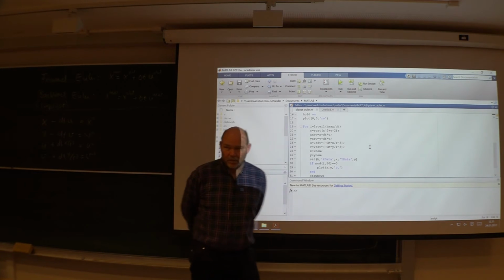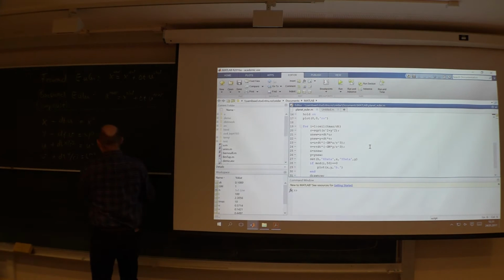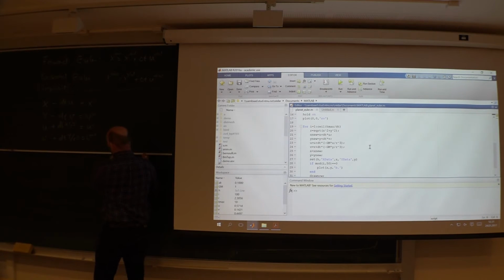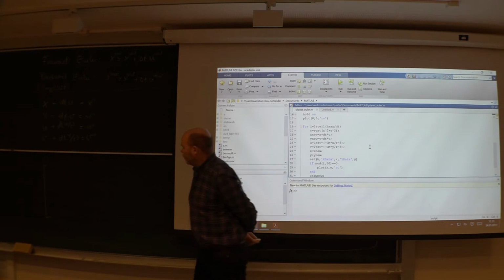Now write it in matrix form. How would it be? Well, you have 4 unknowns here.